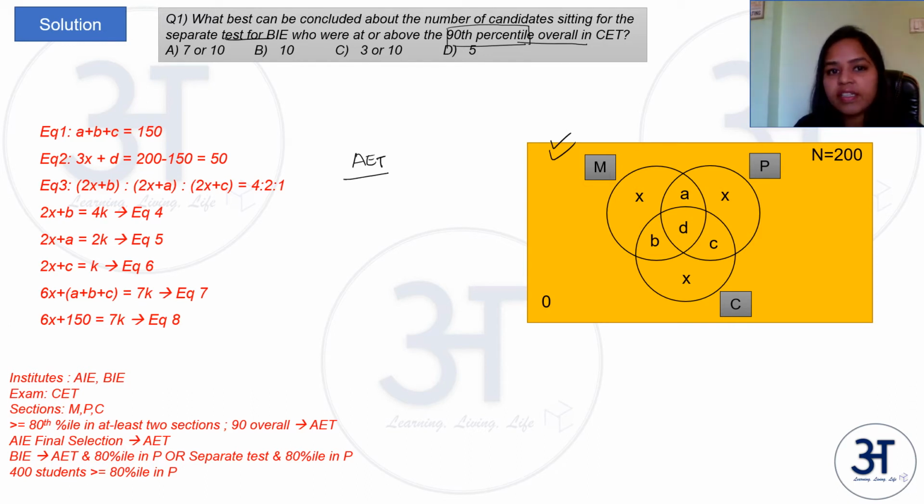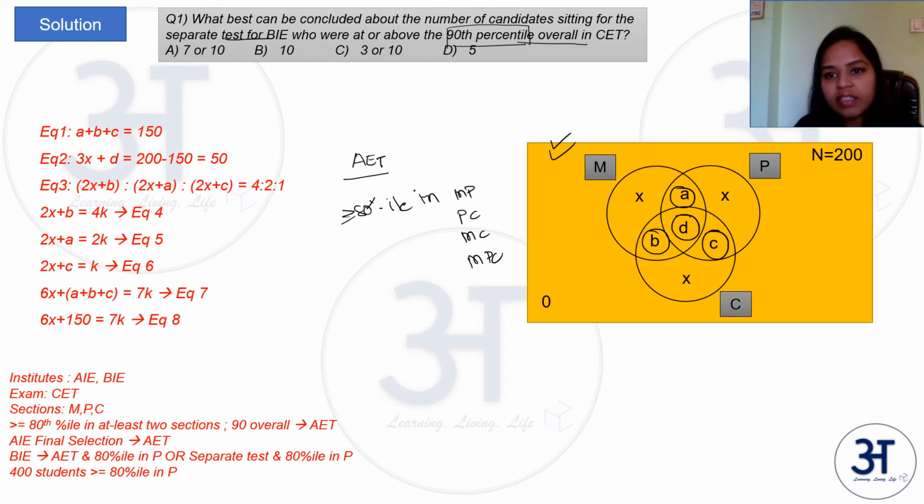So which candidates are writing AET? Those candidates who are at greater than or equal to 80th percentile in at least 2 subjects, like M or P, or C or M, or C or MPC also, at least 2 subjects. So these candidates will be writing AET.